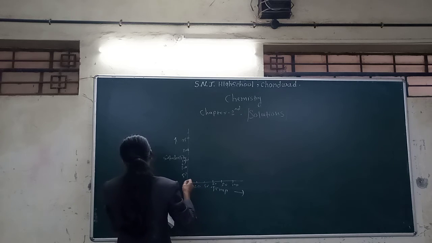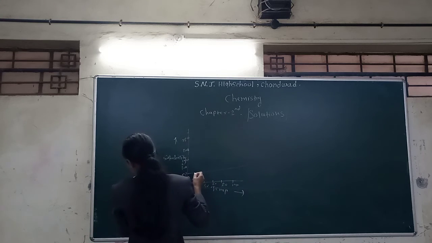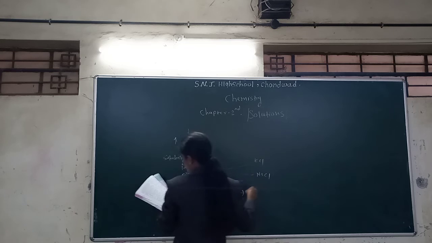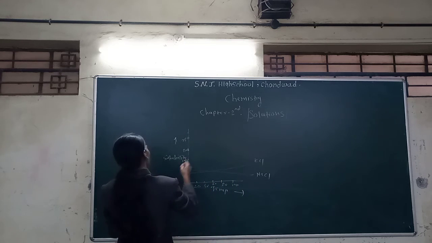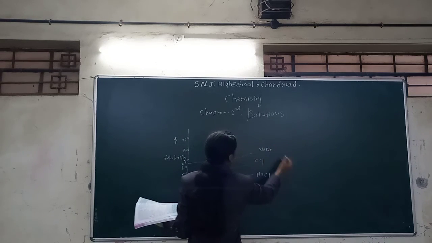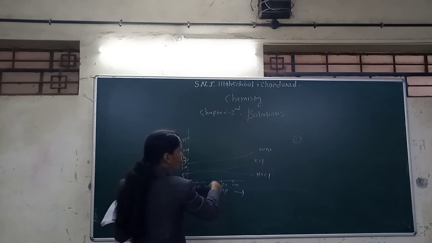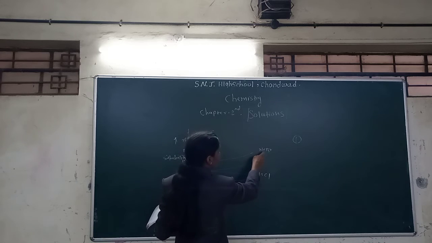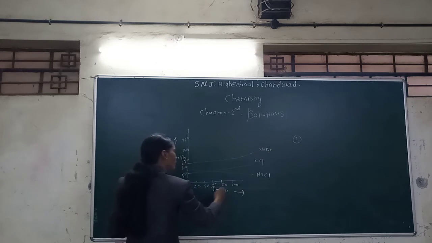First, when temperature increases, we look at NaCl, NaBr, KCl. The solubility is also more than 100 for NaBr. First conclusion from the graph: solutions like NaCl, KCl and NaBr do not change rapidly with change in temperature.